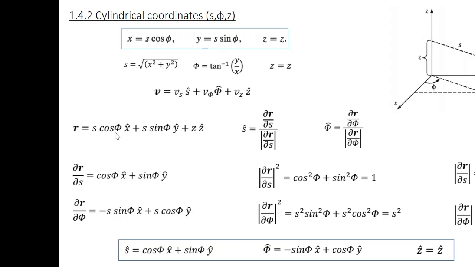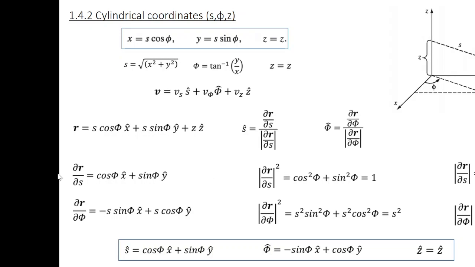So from this expression I can write dou r by dou s equal to cos phi x cap plus sin phi y cap plus, for the z component there is no s parameter, so this gets cancelled. So I have only 2 components. What is modulus of dou r by dou s? There is an easier way. You first calculate square of the modulus.